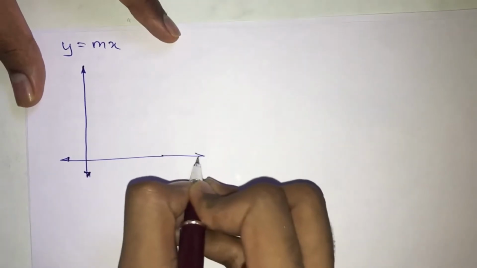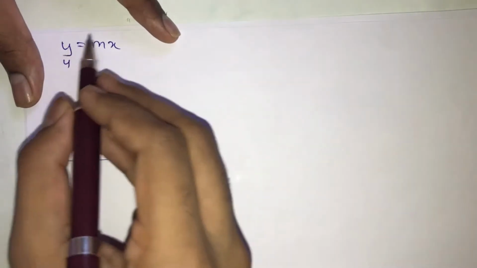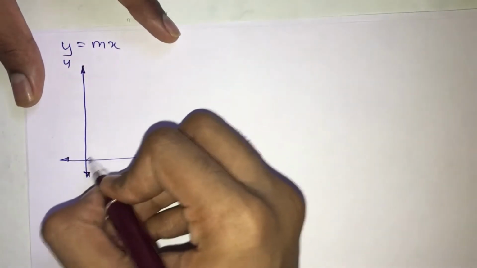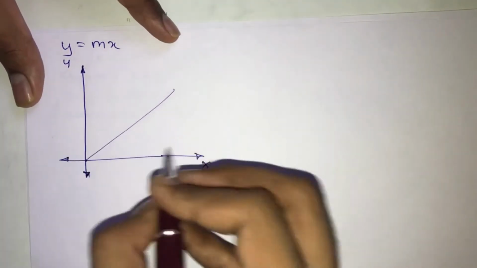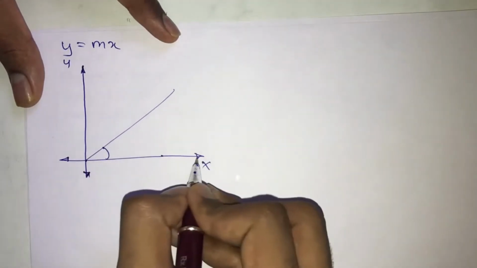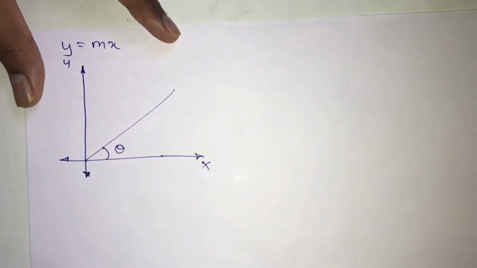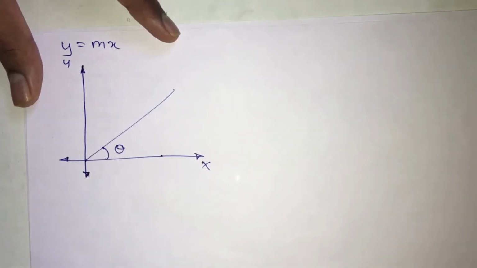Okay, so basically we have a y-axis over here, an x-axis over here, and this equation y = mx is for a line which passes through the origin, where the angle made by the line with the horizontal x-axis is known as theta. We don't know this angle, we have assumed it to be theta.